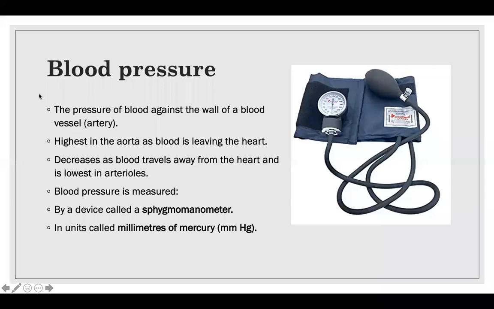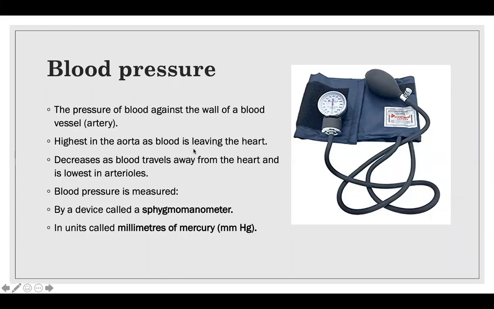All right, so let's talk about blood pressure. Blood pressure is defined as the pressure up against your arteries, and it's going to be highest in the aorta. After every contraction, blood is ejected from the heart, and that volume of blood passing through your vessels exerts pressure on the walls of your arteries.